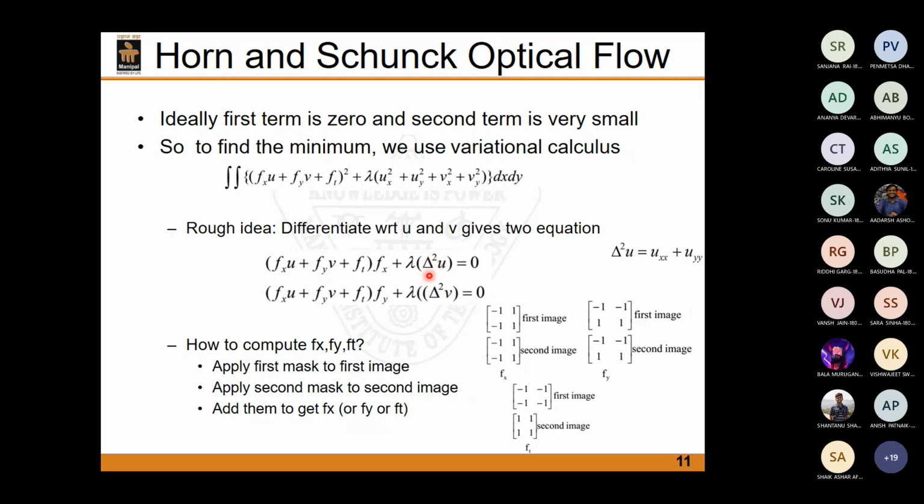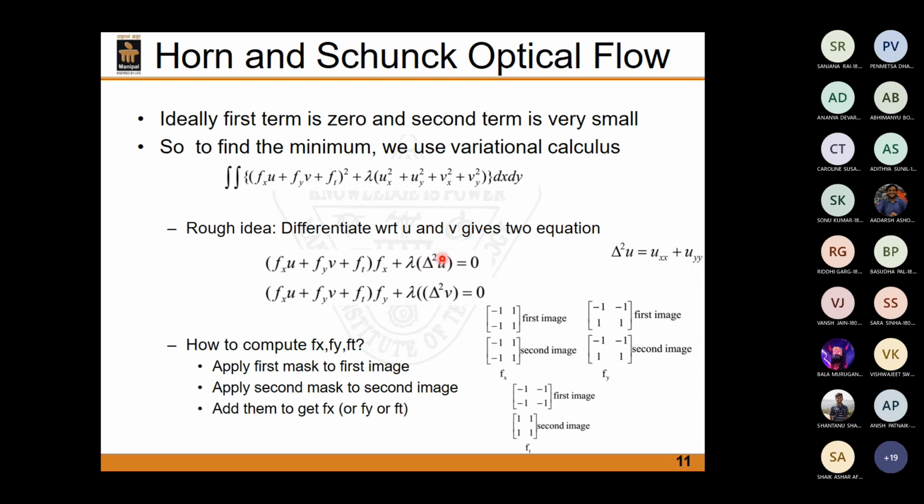When you take the Laplacian, you can also express it as uxx plus uyy. So we are taking the sum of the partial derivative along the x-axis and the partial derivative along the y-axis in order to calculate this Laplacian.